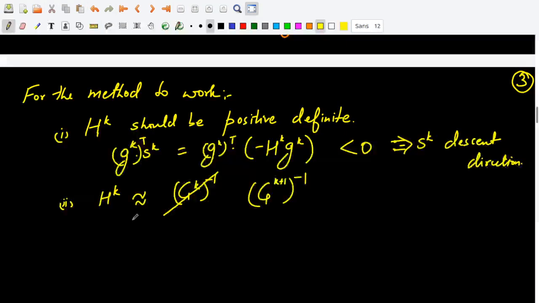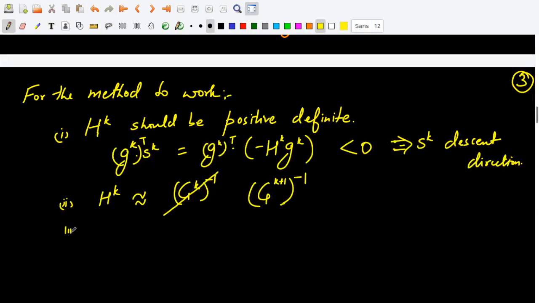So if I want to choose Hk, this would rather be closer to Gk plus 1 and not Gk. I would like you to think about this a little bit more and read the explanation in the book to convince yourself that this makes more sense than being exactly equal to Gk.